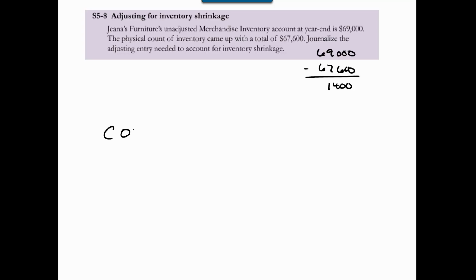But all we do is debit cost of goods sold for $1,400, credit merchandise inventory for $1,400, and we're done. And that will bring the balance in the merchandise inventory account down to 67,600, which will match what I physically have.